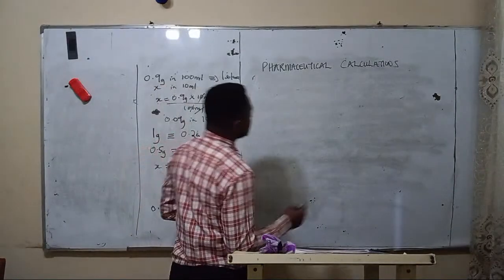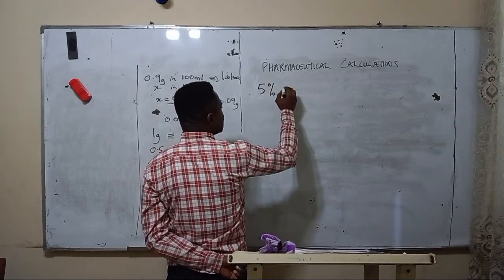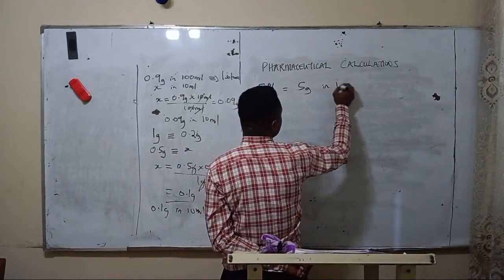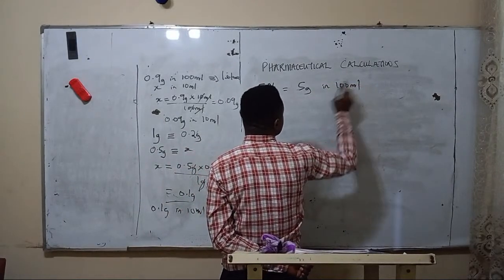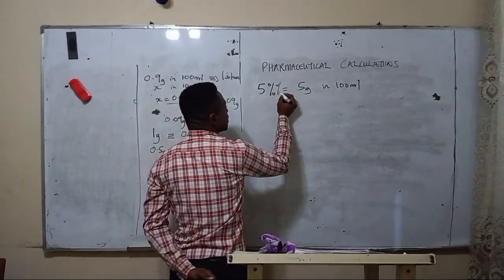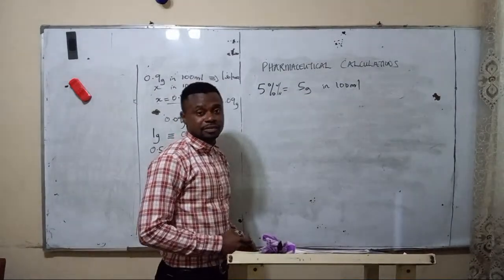Now, 5% dextrose water means 5 grams of dextrose in 100 ml solution. That's the meaning. So we have 5 grams in 100 ml.